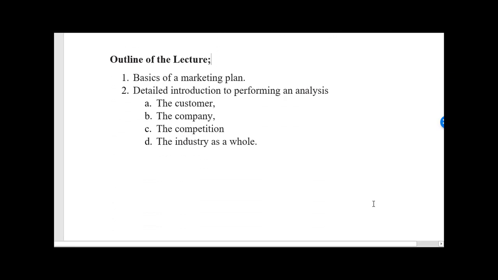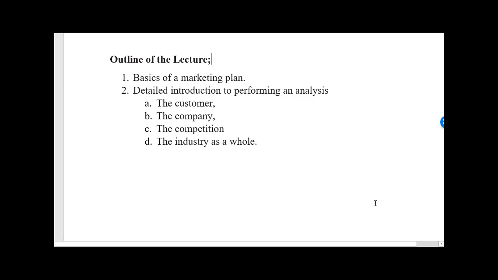Our outline for today's lecture will be about the basics of marketing planning. We will talk about what marketing is and what marketing planning is, and how strategic marketing planning is done in the organization.